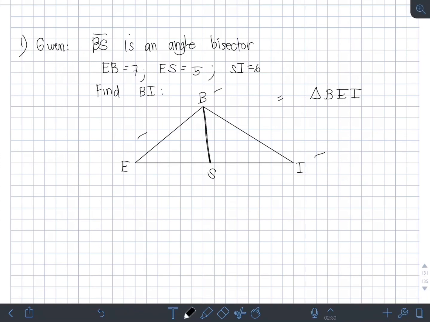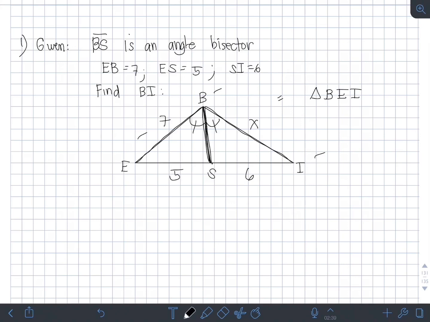So ibig sabihin itong angle EBS is congruent dito sa angle IBS. Okay? And then meron tayong dimensions. EB daw is 7, ES is 5, and SI is 6. So hanapin natin itong BI.